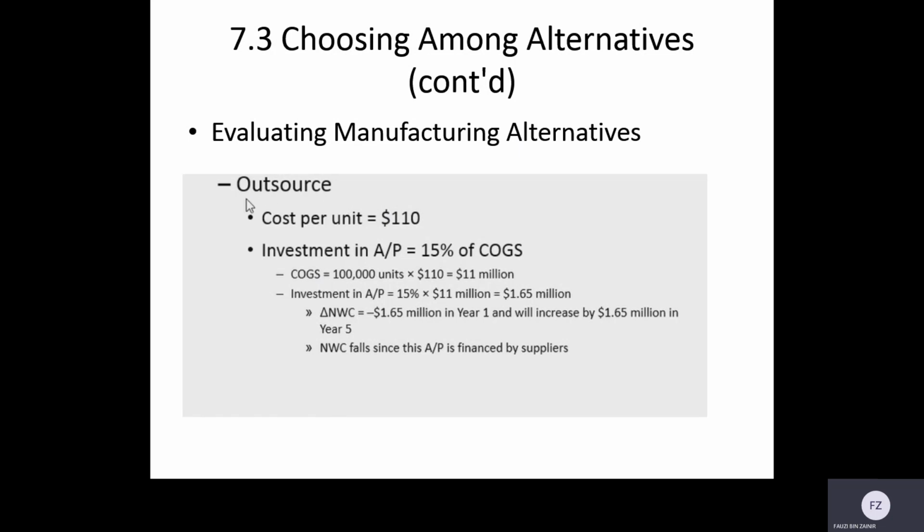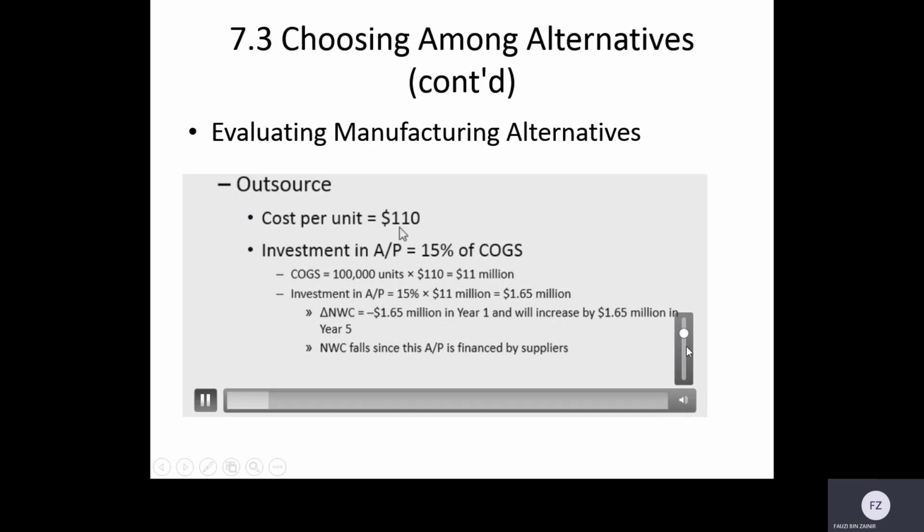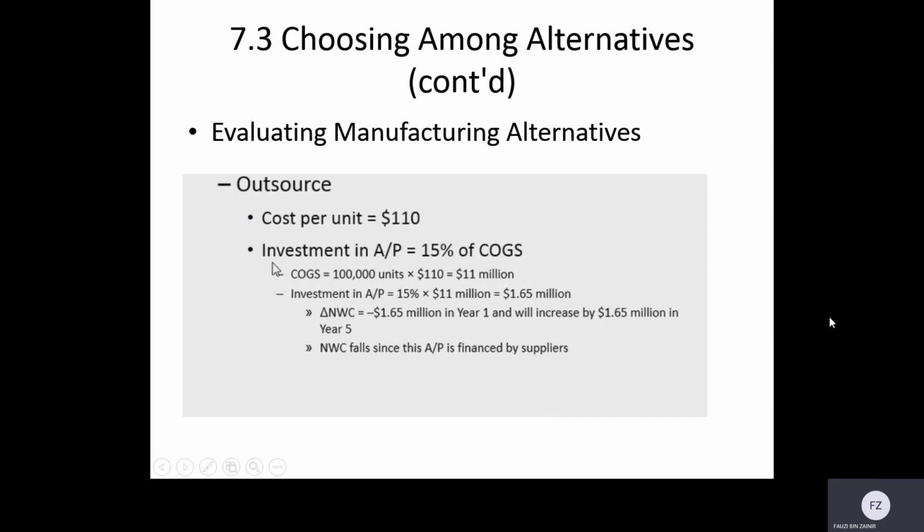Let's look at the first alternative in detail, which is outsourcing, the original one. The cost per unit is $110. In addition, there is the investment in accounts payable, which is what the company owes to the suppliers, basically 15% of cost of goods sold.